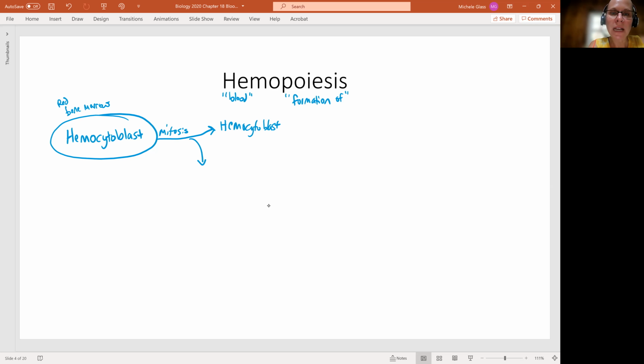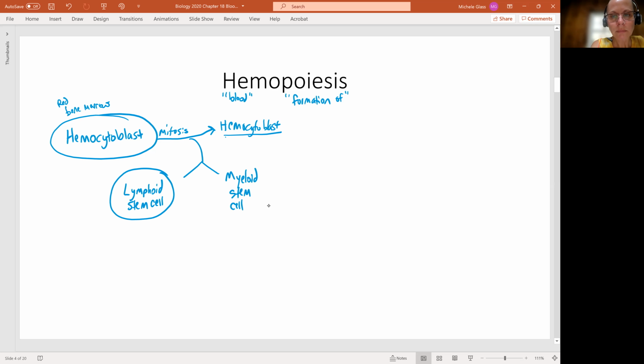When the hemocytoblast is doing mitosis and dividing, of course, it remakes a cell so that it can continue this process. And then it will either make what's referred to as a lymphoid stem cell, or it will make what's called a myeloid stem cell.